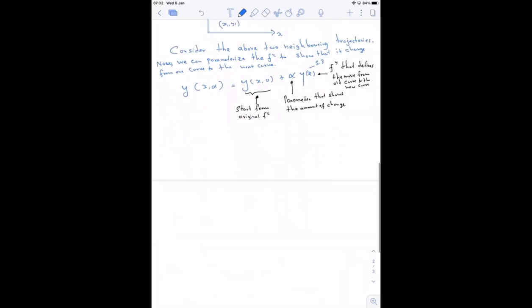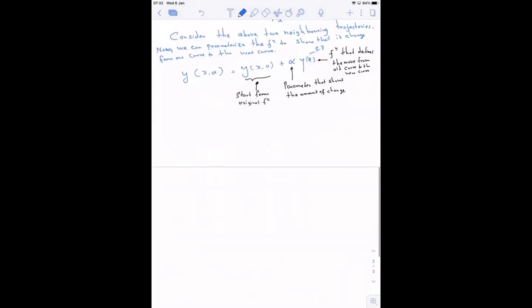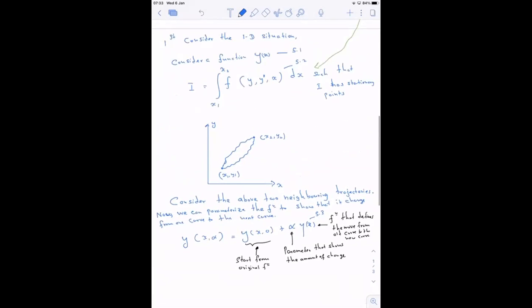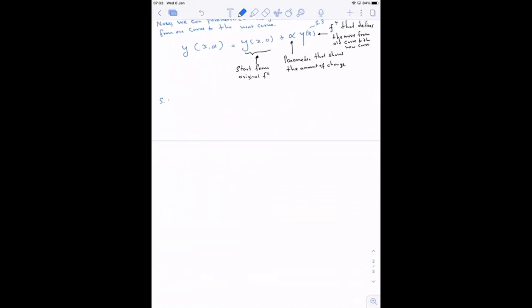Now, so let me do that. Equation 5.2 right here now depends on alpha, right? When you go from one curve to the other. So the integral should depend on alpha.